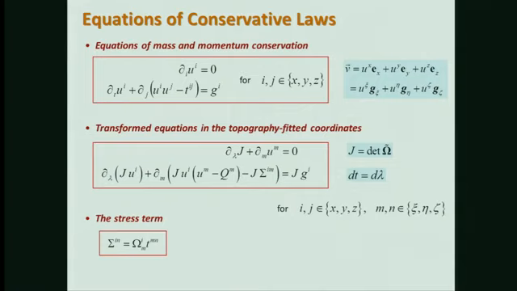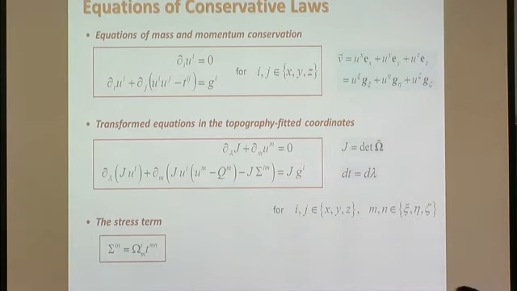At first, J is equal to the determinant of the Jacobian matrix, and you find that the partial differential of the Jacobian is equal to the spatial divergence of the velocity.